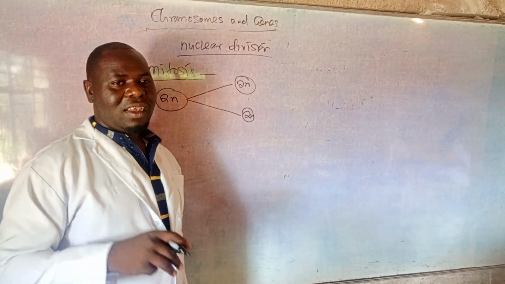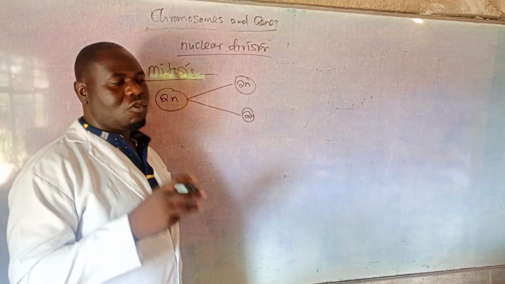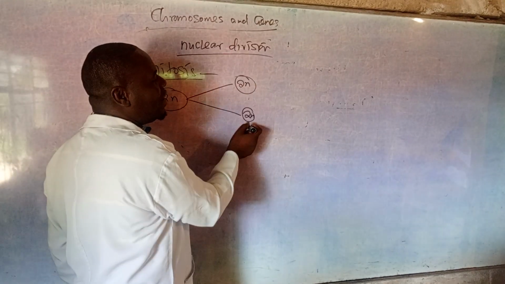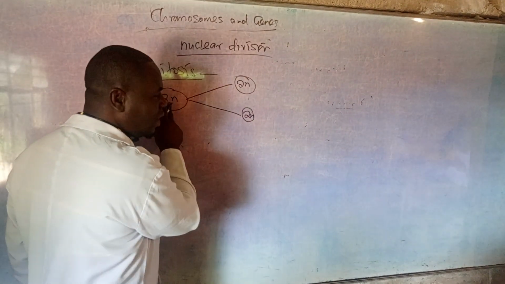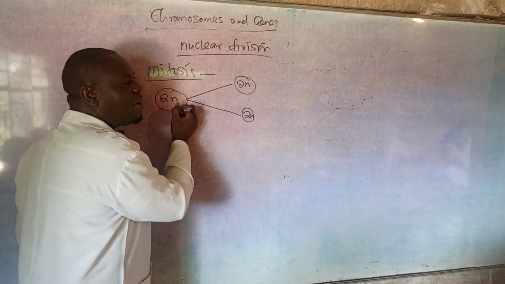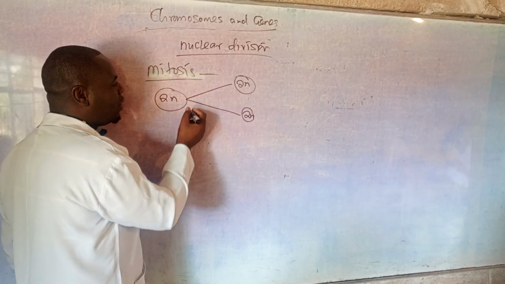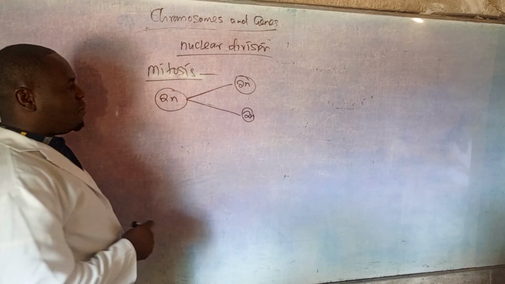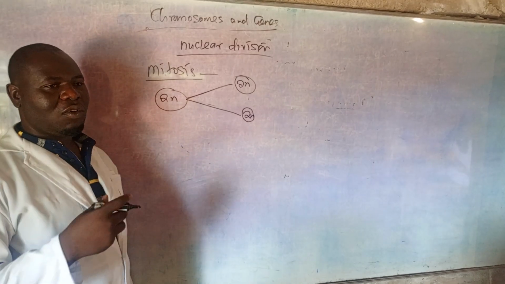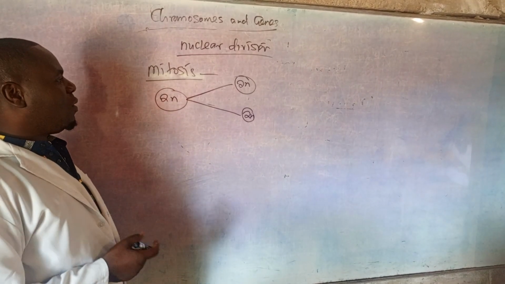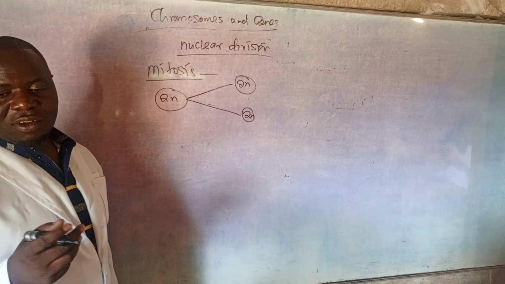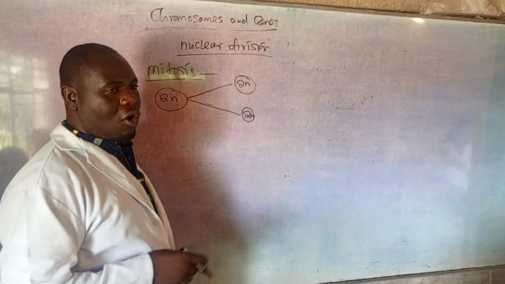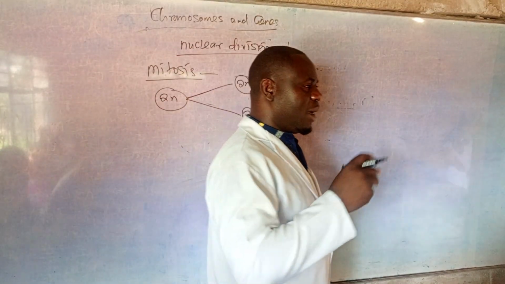Mitosis is the cell division that results in the formation of two identical daughter cells.